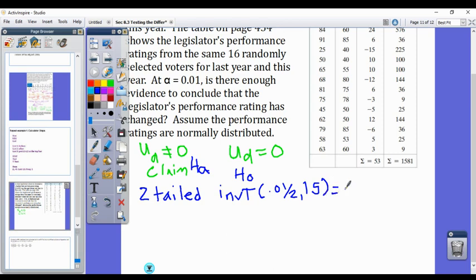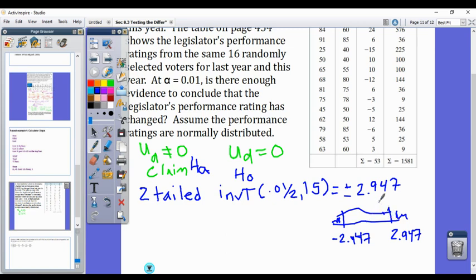So if I do that, I'm going to get plus or minus 2.947, which means it looks like this, where I have a rejection region of less than -2.947 and greater than 2.947. Okay.